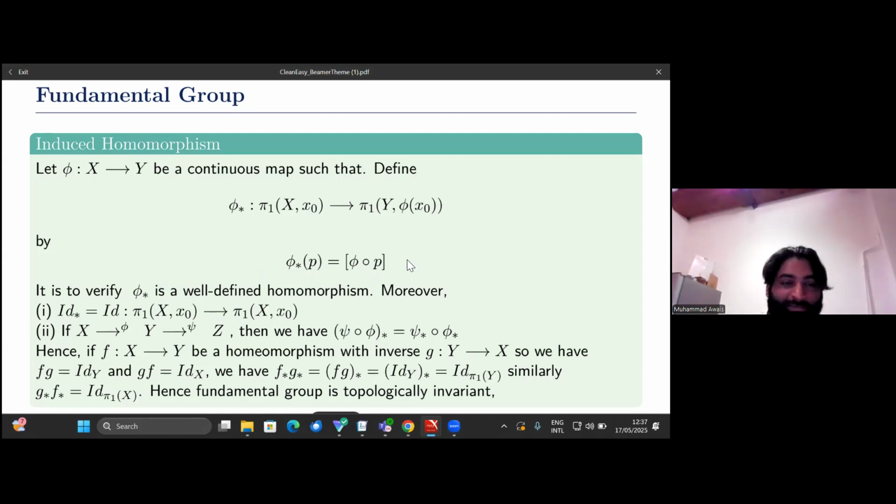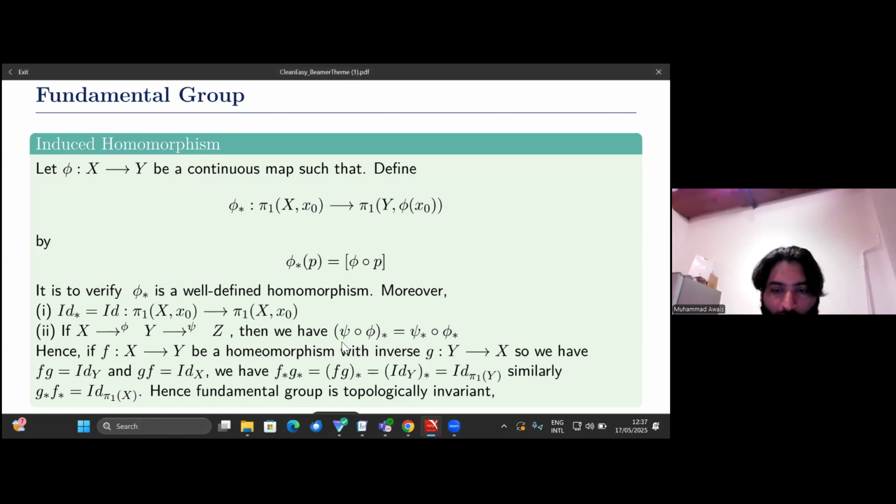The second property is that when you have a map from X to Y, then Y to Z, and you define psi composed with phi and take its push forward, you get psi push forward composed with phi push forward. It is also easy to see with some effort.